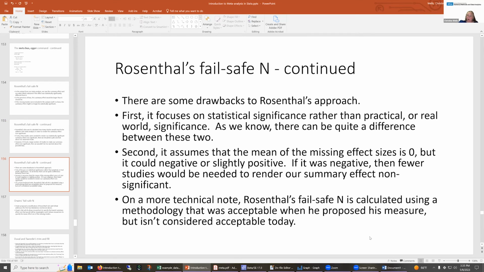Of course, there's some drawbacks to this. First of all, it focuses on statistical significance rather than practical or real world significance. And as we know, there's usually quite a distance between the two of those things. It assumes that the mean of the missing effect sizes is 0, but the mean actually could be negative or slightly positive.